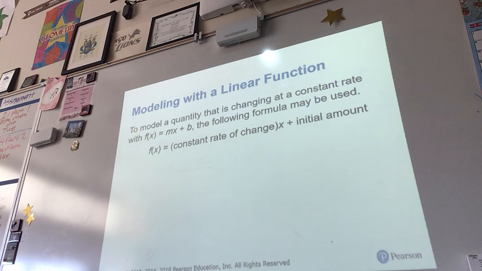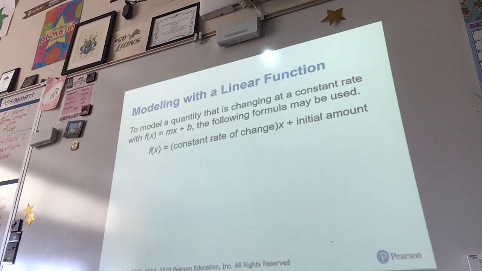So every hour he went 60 miles further, but he started 15 miles north of the beginning. So your initial amount, that's your y-intercept. Your rate of change, that is your slope, the number that goes in front of the x.